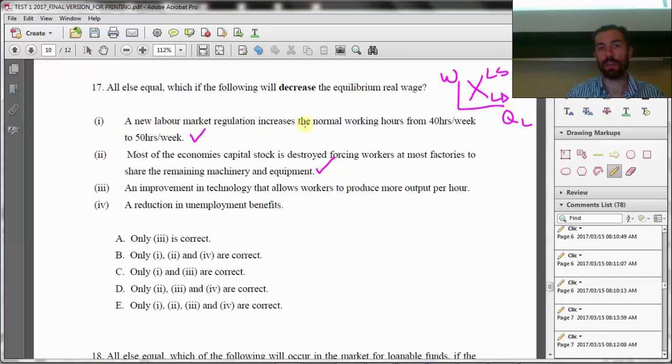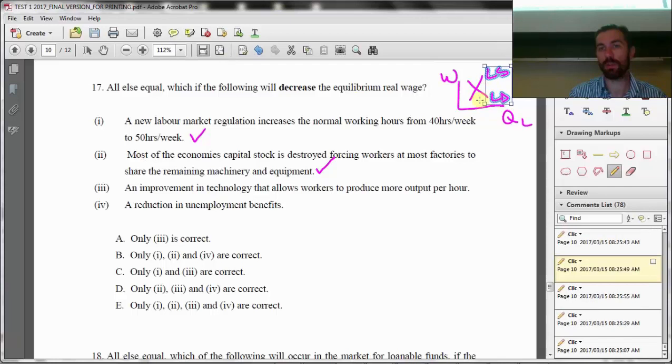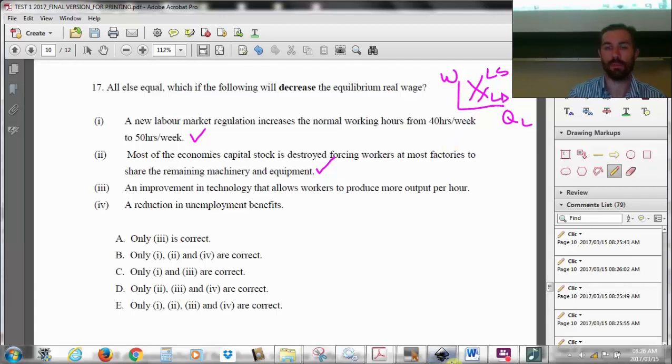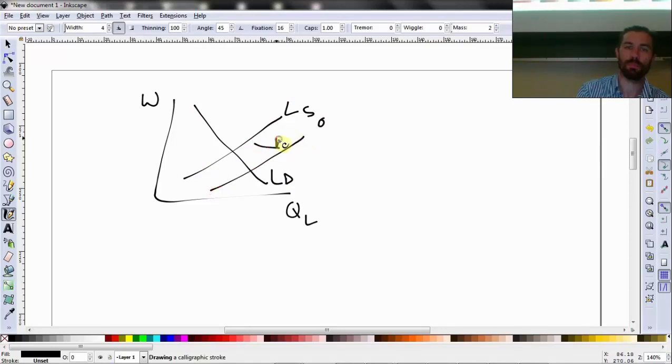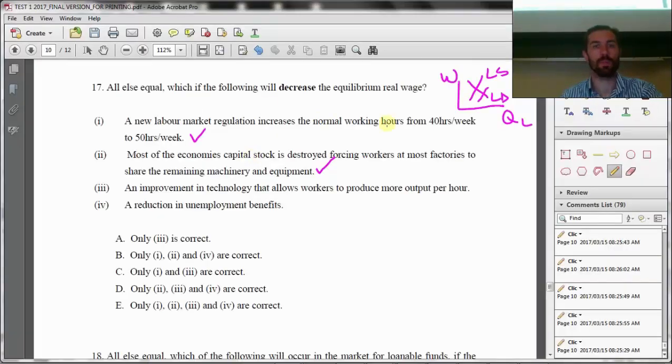New labor market regulation increases working hours, you got an increase in the supply of labor. Right? You happy with that? Okay.